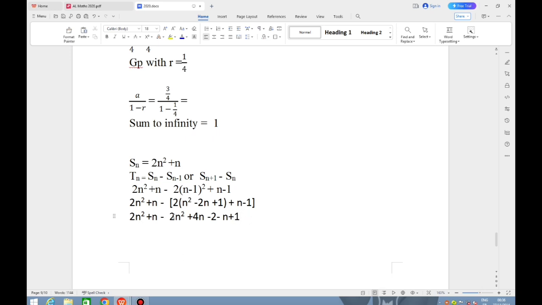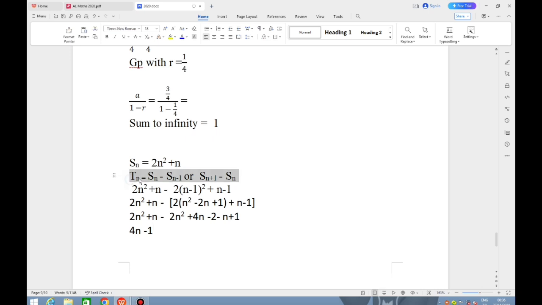And when you add everything together, 2n squared cancels 2n squared, n cancels negative n, and 4n minus 2 plus 1 gives us 4n minus 1. So the nth term is simply 4n minus 1.